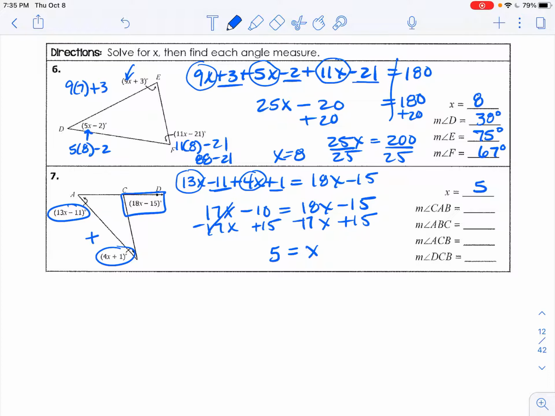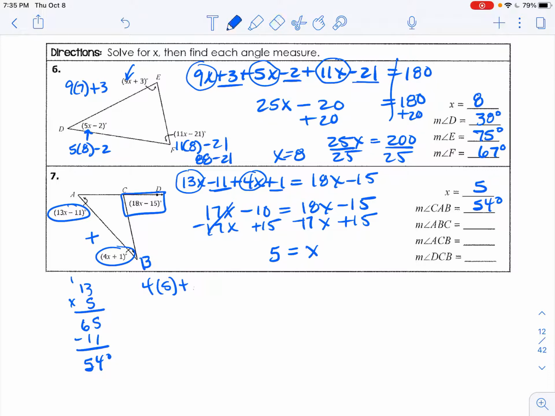Let's sub in and find the measure of the angles. Let's see, how about 13 times 5 minus 11? So 5 times 13 is 65. Minus 11 is going to give us 54. So the measure of angle CAB is going to be 54. All right, I think the little b fell off of that, so let's go ahead and add that on there. 4 times 5 plus 1, let's see, that makes 21.